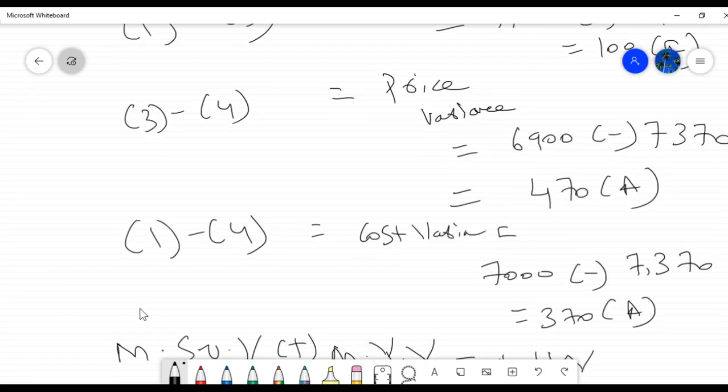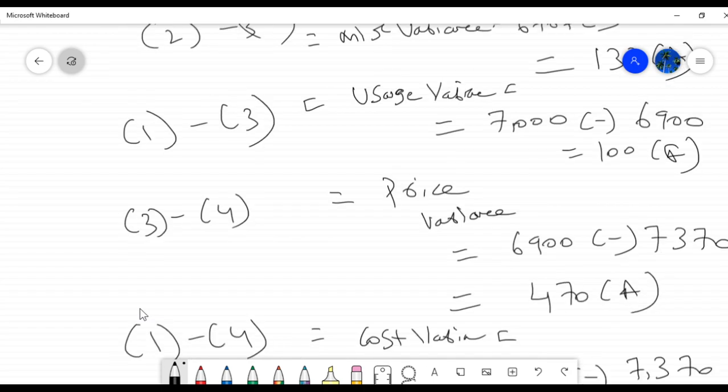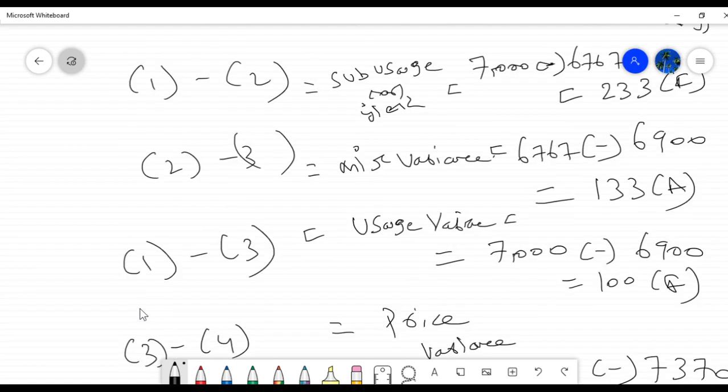So material sub usage variance is how much here? Sub usage 233 favor, yield 133 adverse. 233 favor sub usage plus 133 adverse yield variance: favor minus adverse, because adverse means you have to minus it.